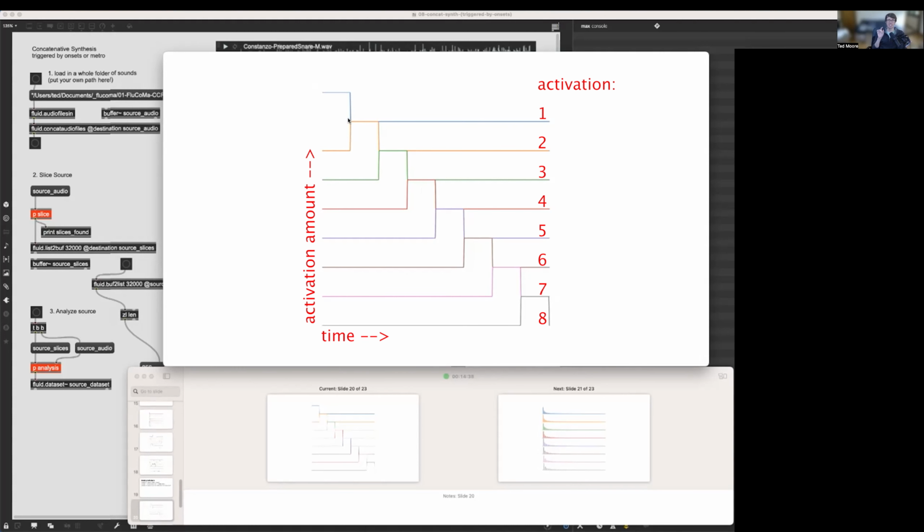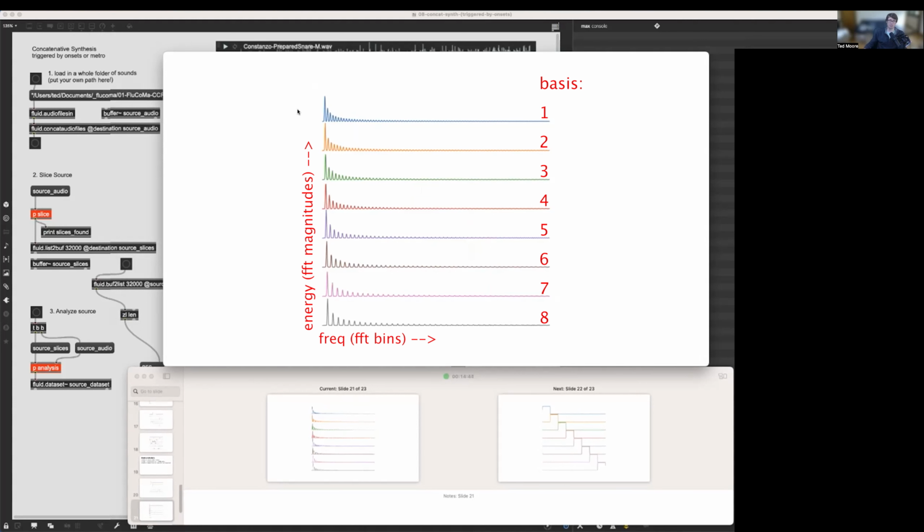If I seed these activations and decompose that C major scale, I end up with the same bases that I had before. These sawtooth waves are now the spectral templates. So this is frequency and loudness. However, I have them in the order that they occur in that C major scale.